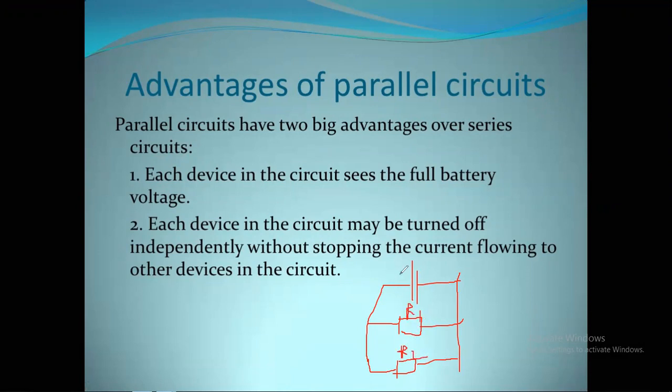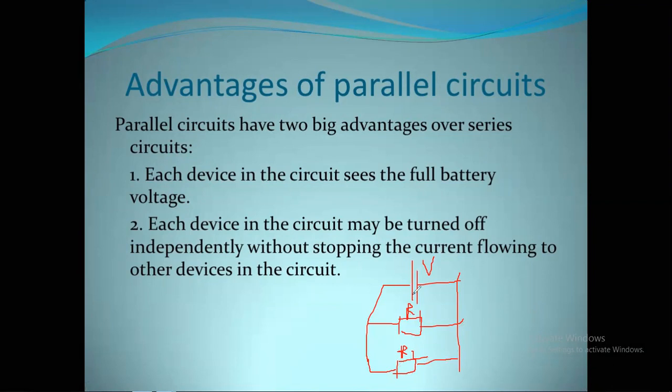Now you can see the voltage provided over here, V. The first advantage is that if you provide a voltage over here, the same voltage works over here. Therefore, we don't see any voltage drop. The same voltage travels through. That's the first advantage, right?